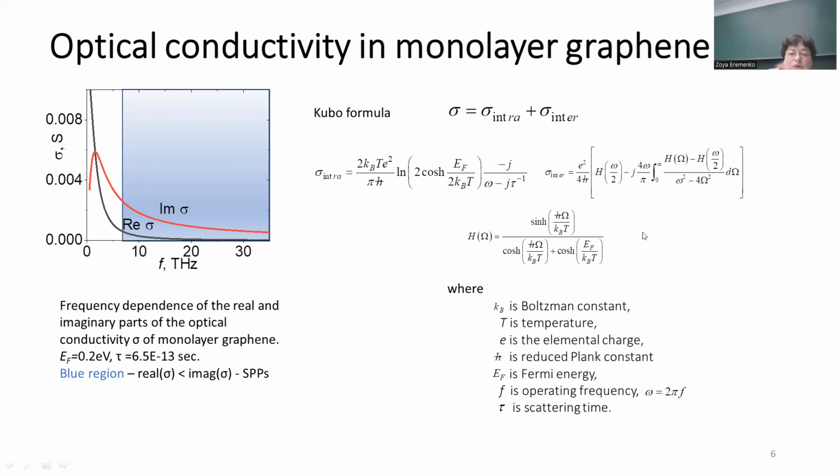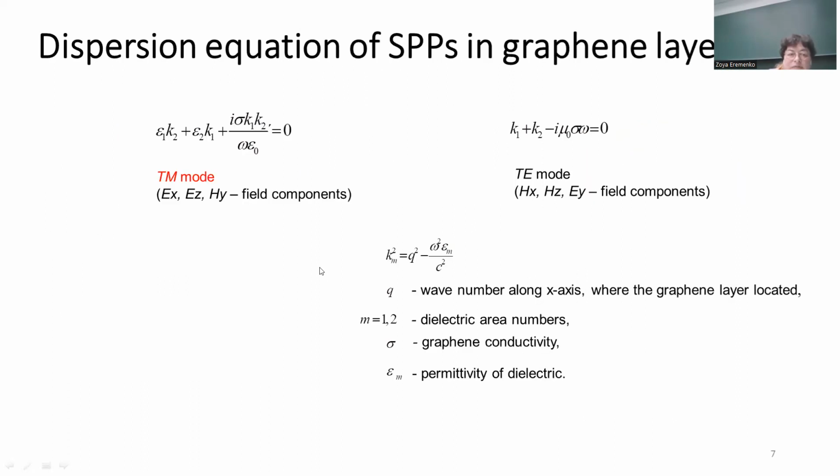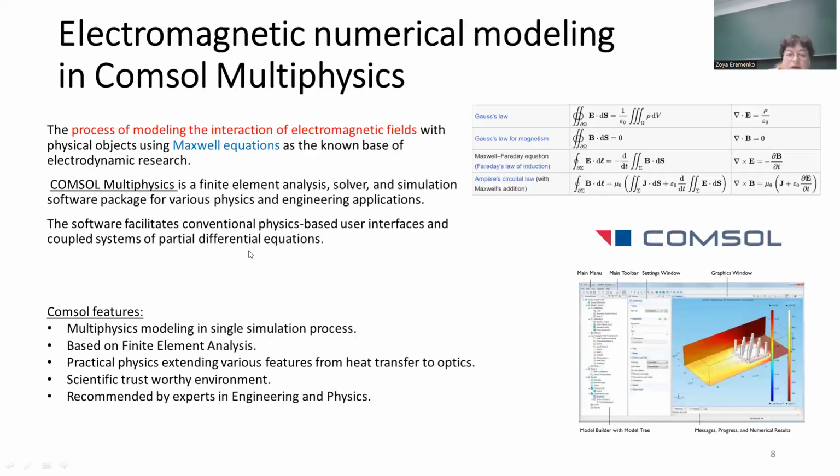And this is the Kubo formula for describing these 2 lines in the graph. There are dispersion equations for the TM mode and the TE mode. We use the TM mode in our calculation and modulation.